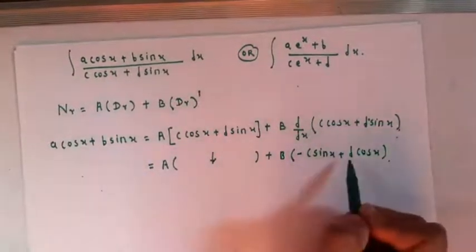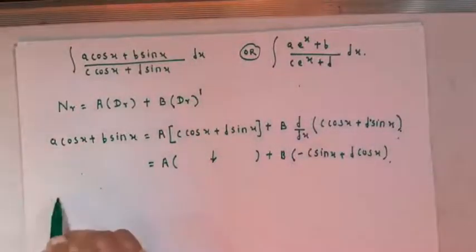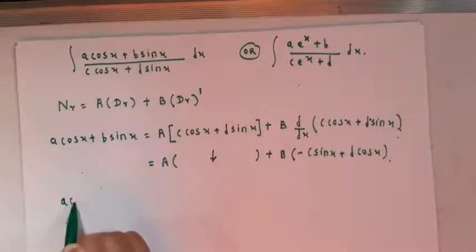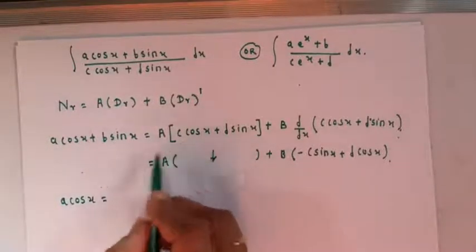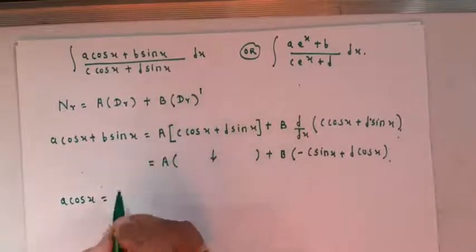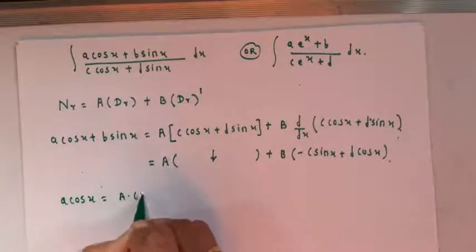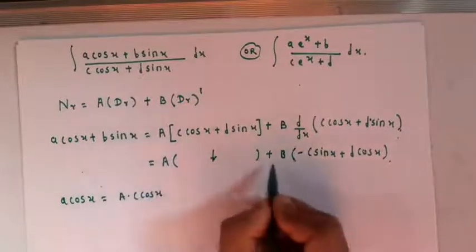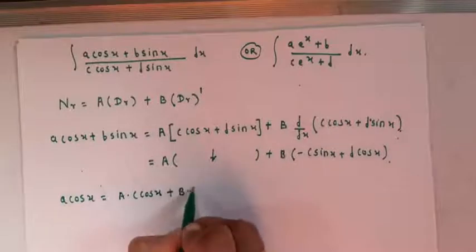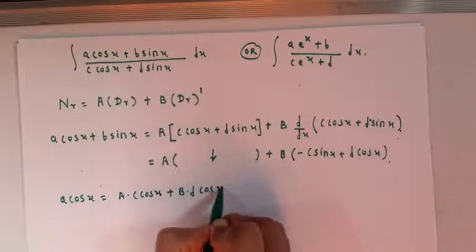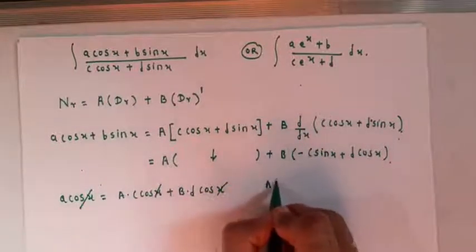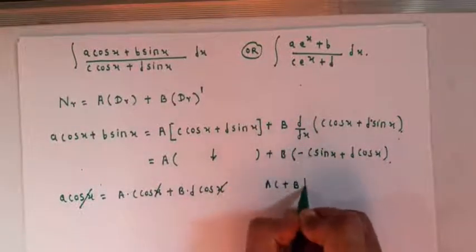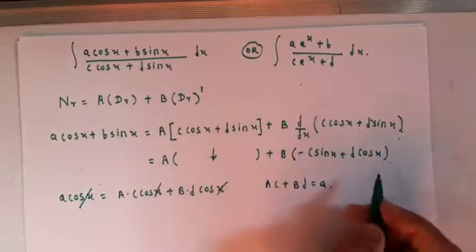From LHS and RHS compare the terms. So compare the term of cos x, that is a into c cos x plus b into d cos x. So cos x gets cancelled, and ac plus bd equals a.